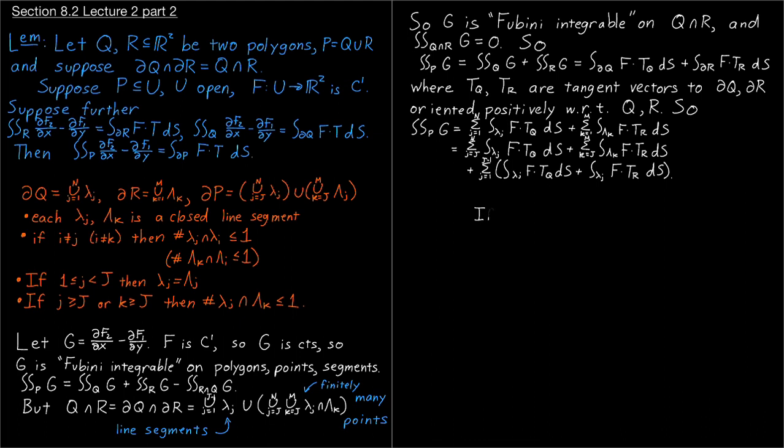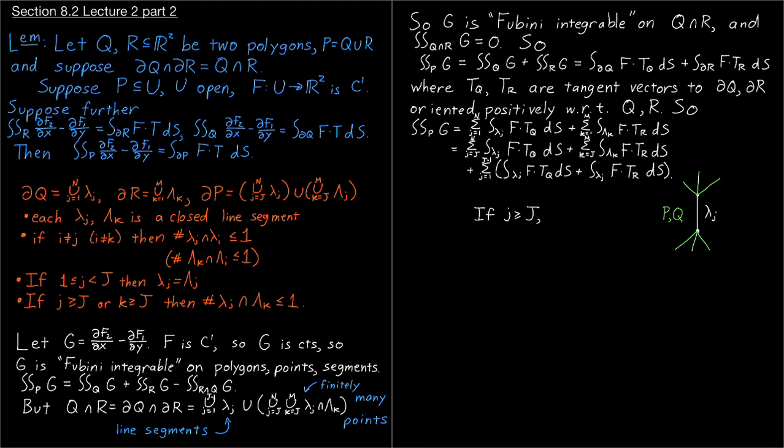So if we're looking at one of the later line segments, if little j is bigger than big J, then if you draw one of the lambda j's here, we're not quite sure what's going on at the ends. Maybe we've got some other bits of the polygon coming off, but we do know that in the middle of lambda j, we must have P and Q on one side and not the other.